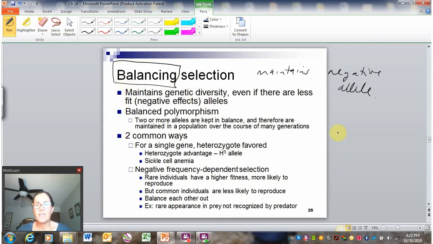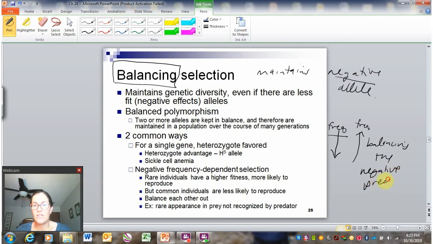If you have a negative allele, you should see the frequency go down, okay, because it's negative. But in balancing selection, something is pushing that frequency back up, or balancing it. So there's a negative pressure because it's a negative allele, but something is balancing that out to increase the frequency back up.